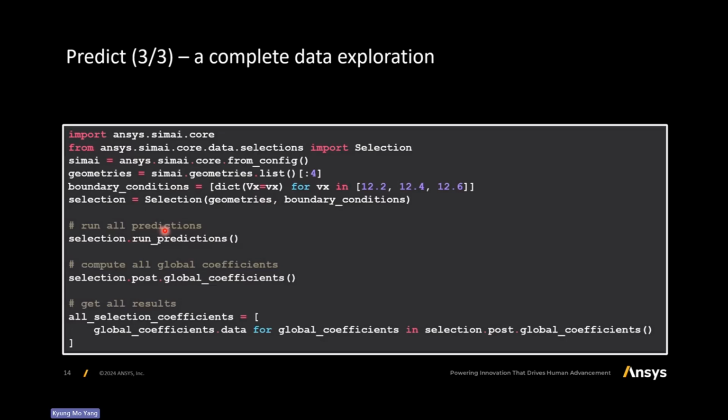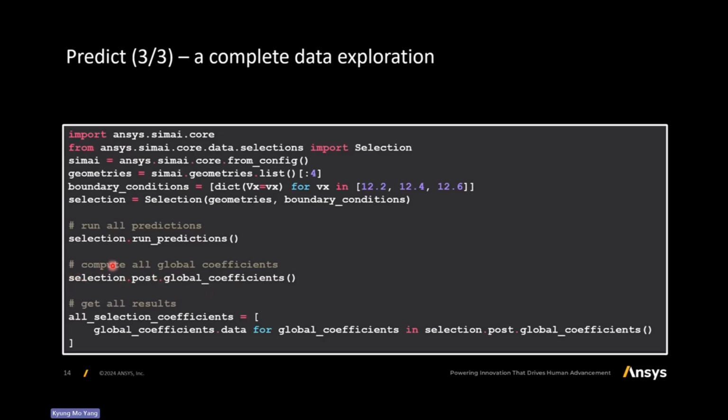So basically what happens here is, instead of, as you have seen in the browser, running each prediction for each geometry one by one, you can group a bunch of geometries with the set of boundary conditions, and you can run these predictions in a batch, in one go actually. And once you do that, you can get the different coefficients, the different field results, and so on and so forth from the selection.